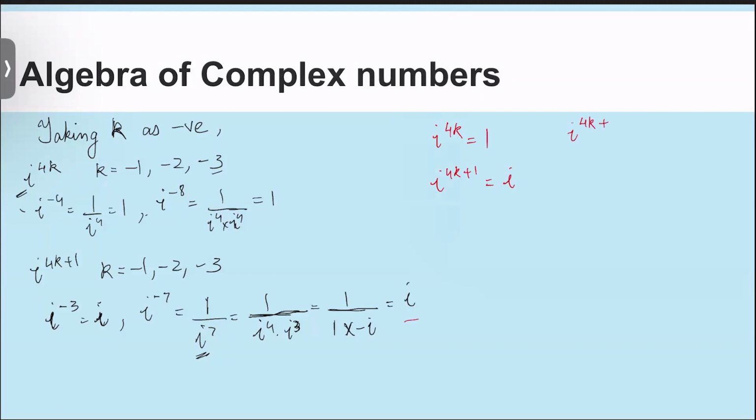The validation does remain even when we take k as negative. And i^(4k+3) is equal to -i. So all of these are valid even when k is a negative integer.